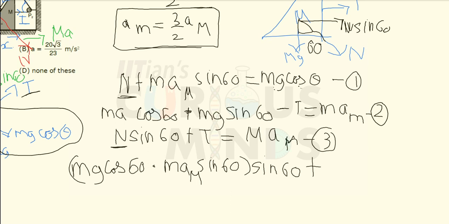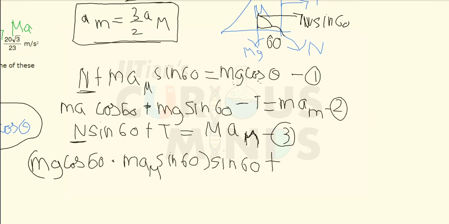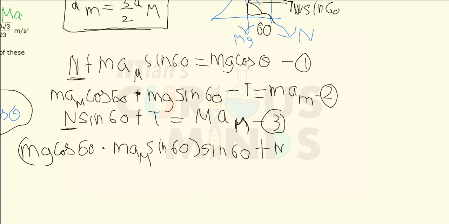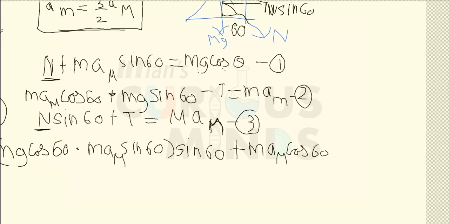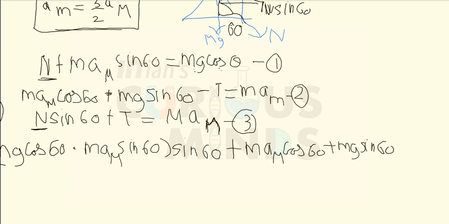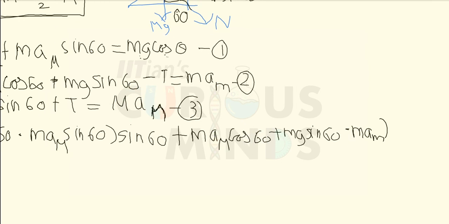Tension can be written, if I take this on the right hand side, as m A_M cos 60 plus mg sin 60 minus m A_m of the smaller mass is equal to M A_M. The equation is quite large.